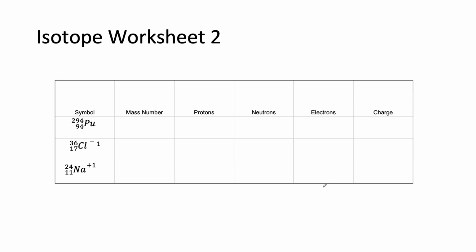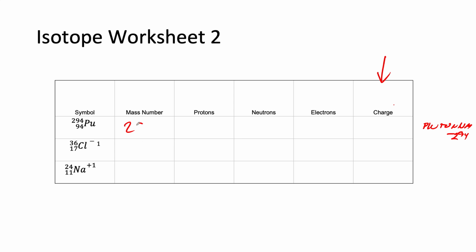All right, Isotope Worksheet 2. We have an extra column, it's charge. So let's look at the first one. Plutonium 294 is the atom's name.